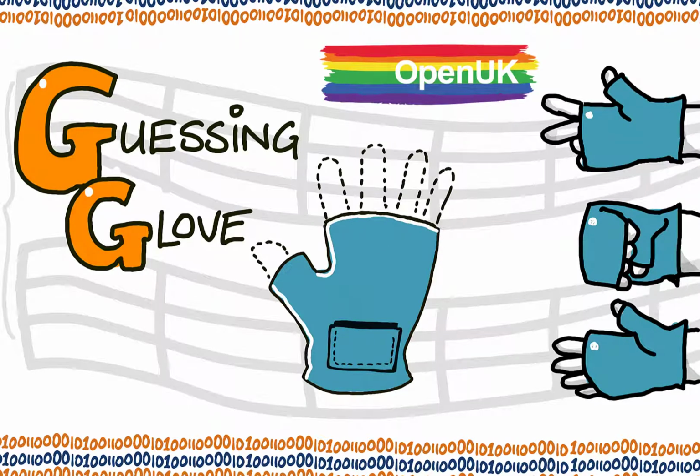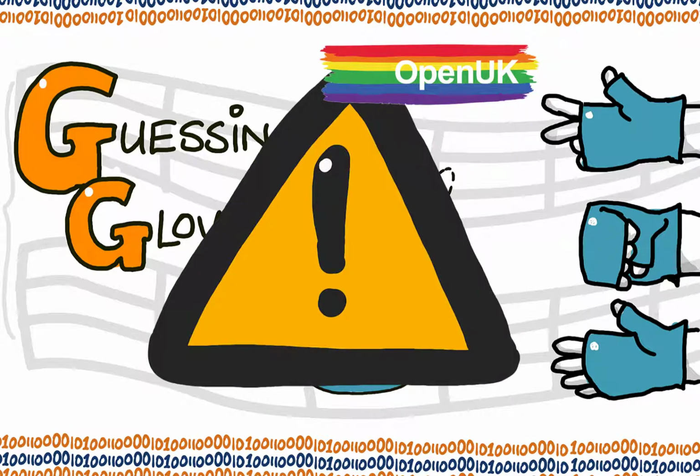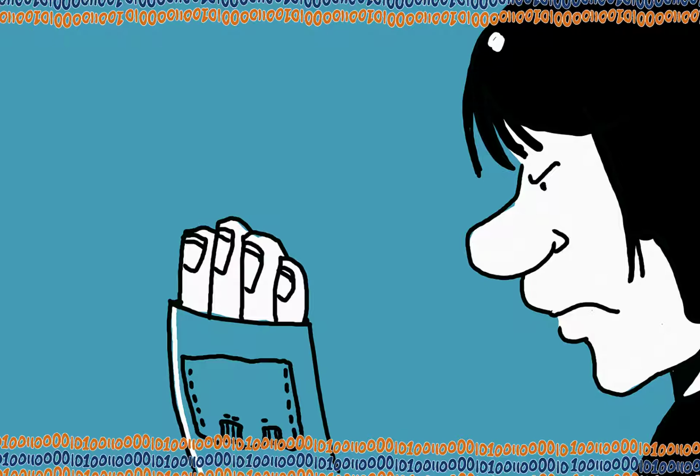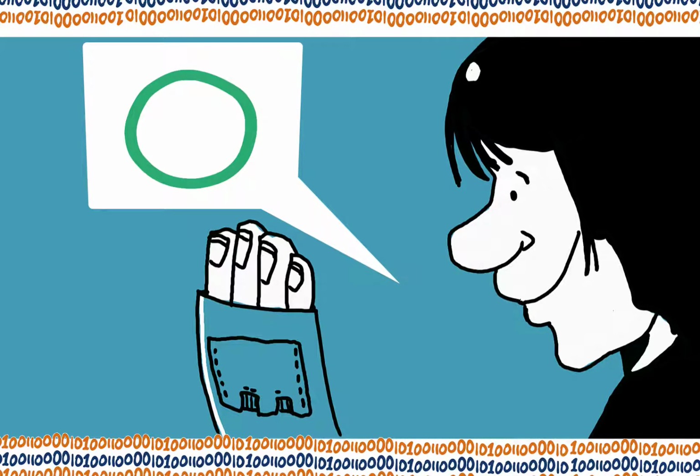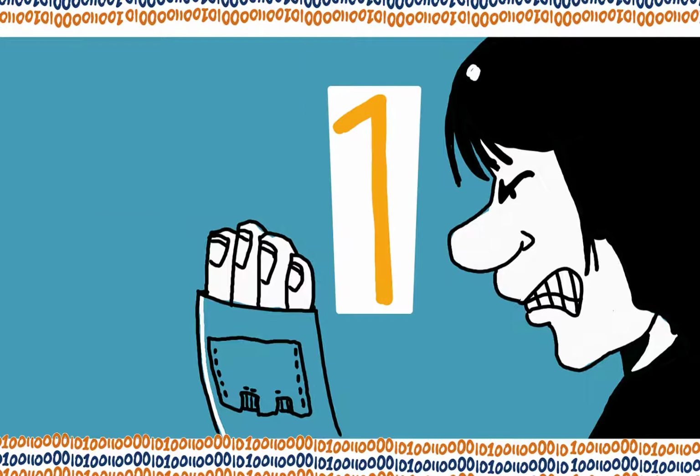The rules for rock, paper, scissors are a bit complex to code, so let's simplify it a bit and let the game decide if you have won or lost by checking whether the moves are the same. If you choose move 0 and the glove chooses move 0, you guessed correctly, and that's a win for you. If you choose move 1 and the glove chooses move 2, you've guessed wrong, so that's a win for the glove.